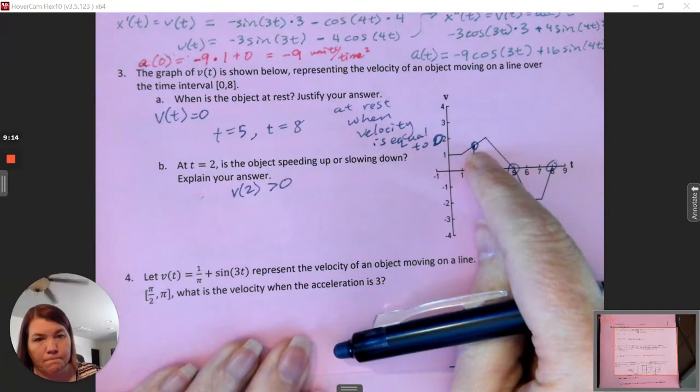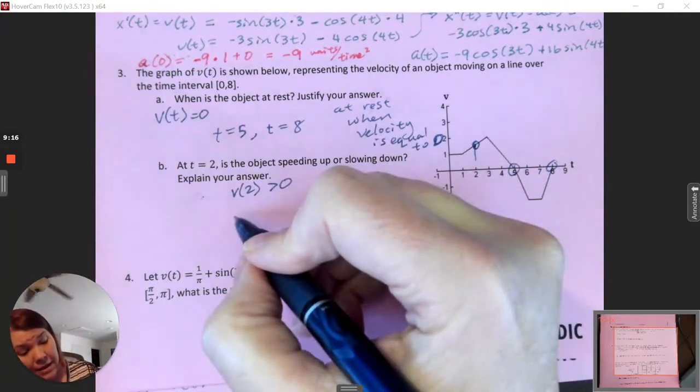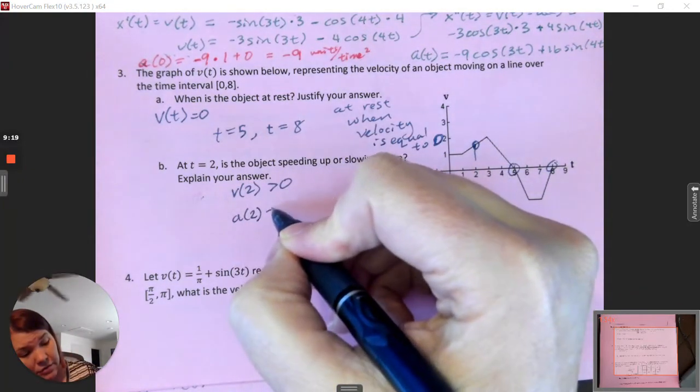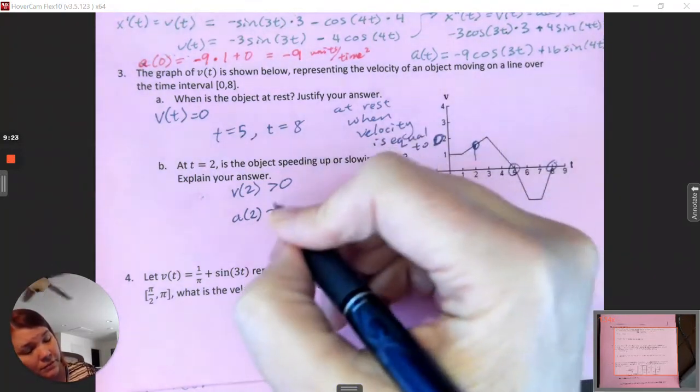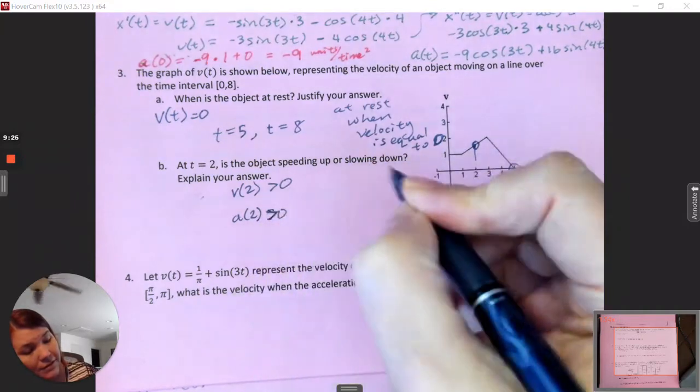Okay. And a of 2 is the slope, and that's also positive. It's also greater than 0, so they have the same sign.